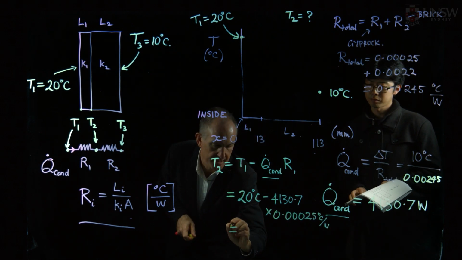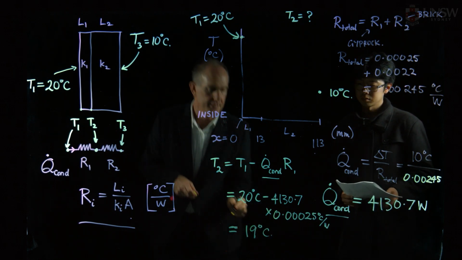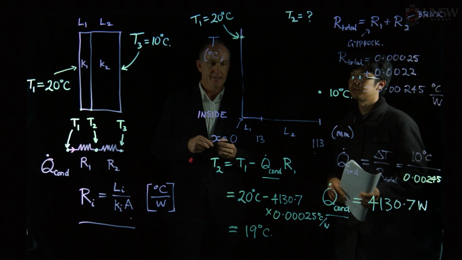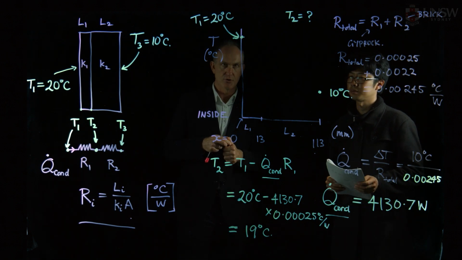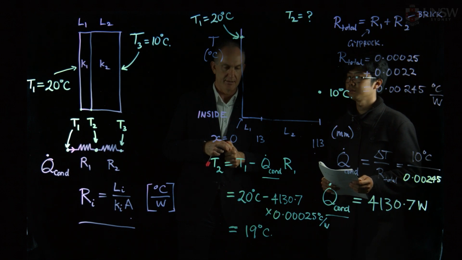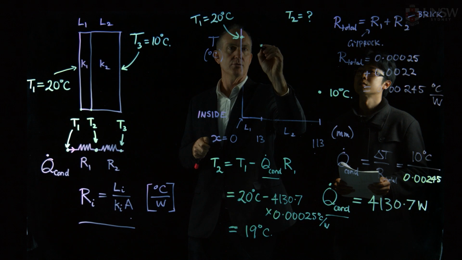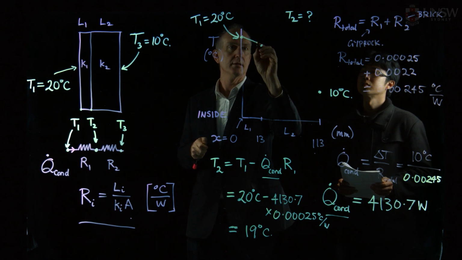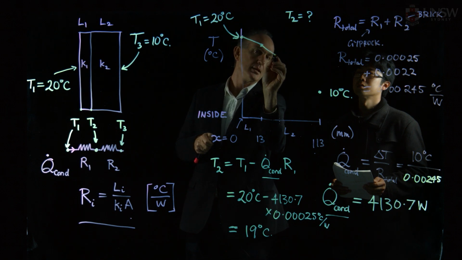And so this works out, very approximately, at 19 degrees Celsius. So previously we had a very small temperature drop across the gyprock layer. Now we've got a little bit more temperature drop across there, about a degree.